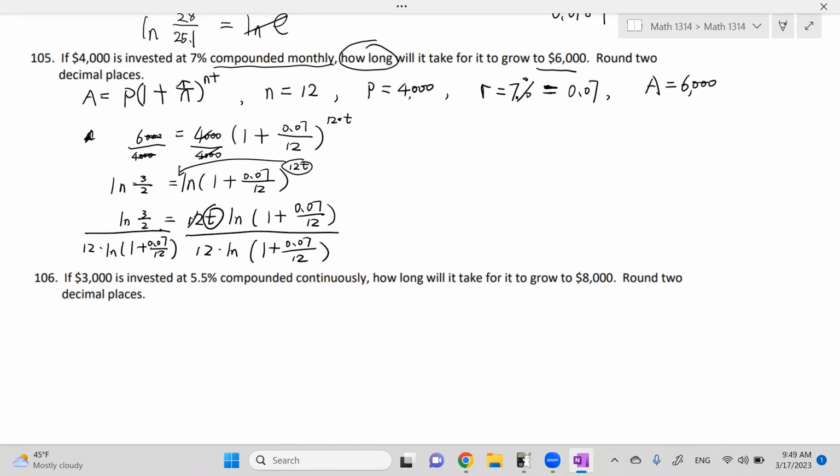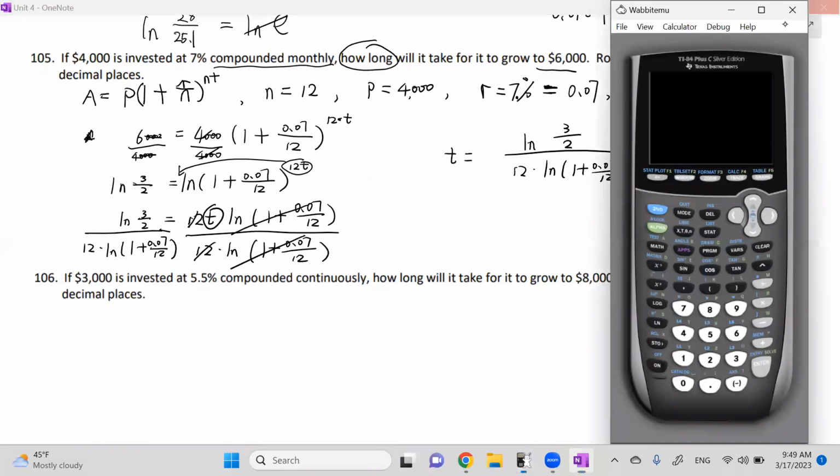All right, so the t equals ln of 3/2 over 12 times ln of (1 plus 0.07 over 12). Let's use the calculator to find this amount.